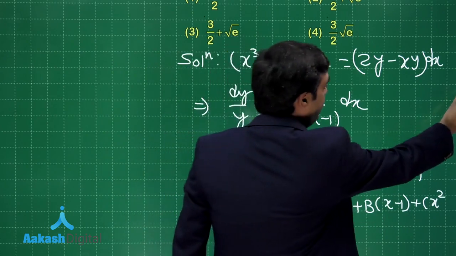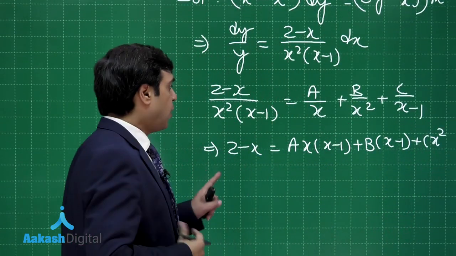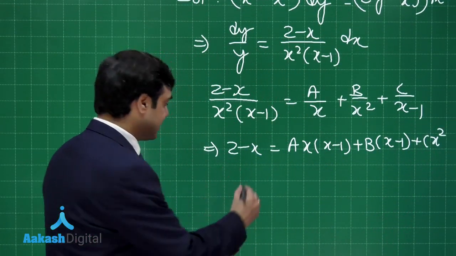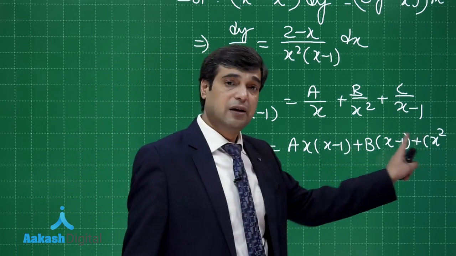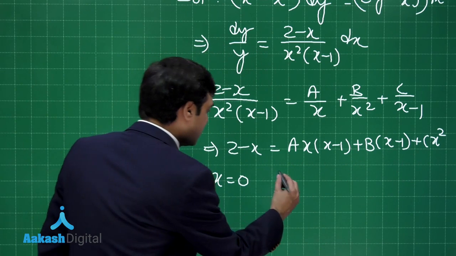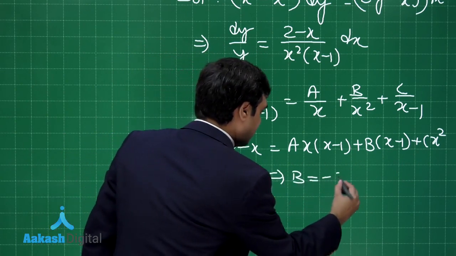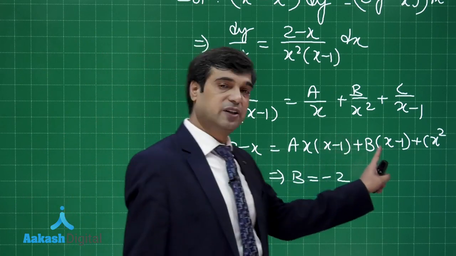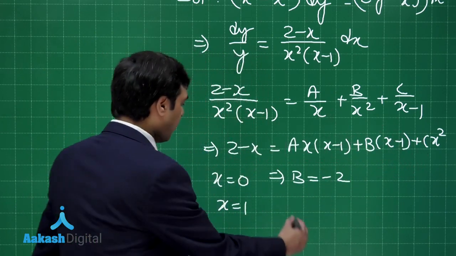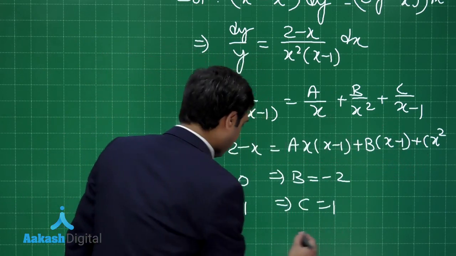Correct? Now, when you see in this equation on substituting x is equal to 0, what's the result? These two are cancelled. We get the value for b directly as minus 2. When you say x is 1, you observe these two are 0. The value of c is directly obtained from here as 1.